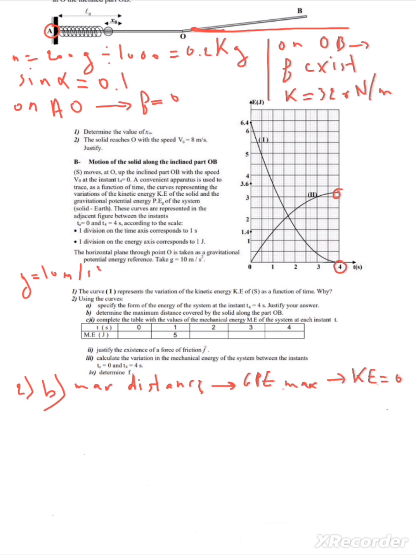So graphically, kinetic energy equal to 0 when GPE equal approximately 3.2. So graphically, GPE max equal 3.2 joule.